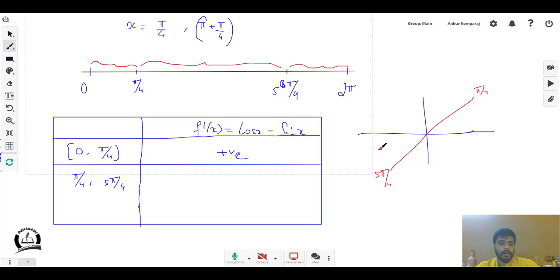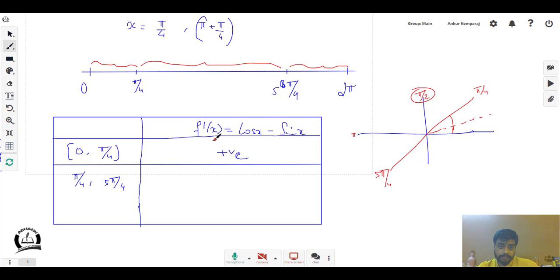Now, 0 to pi by 4, we took an angle between these two, and we saw that cos x is greater than sin x. Our job is done. Now, our next data is to take an angle between pi by 4 and 5 pi by 4. You can pick any angle you want. Clearly, you have an option here of pi by 2 or simply pi itself. You can take anything you want. Let's say we take pi by 2.